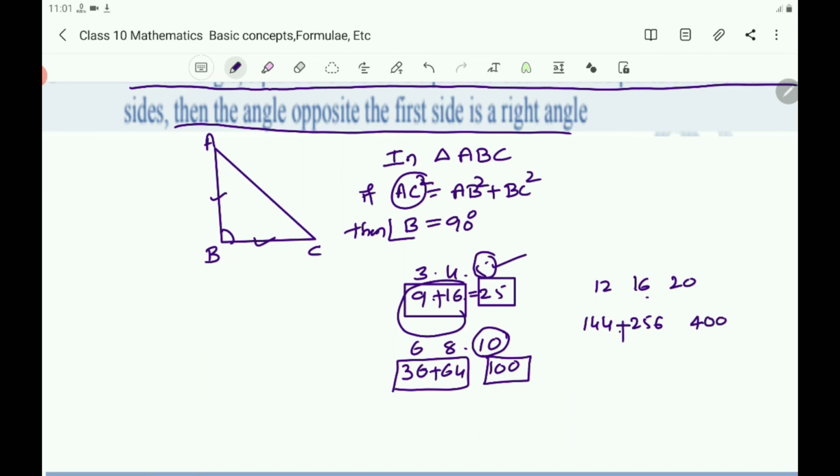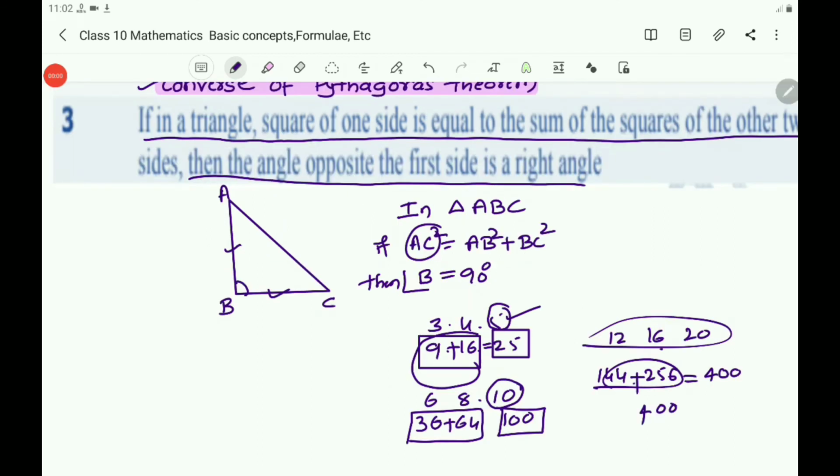Add these two: 144 plus 256, you will get 400, which is equal to this one. Similarly, these are also the sides of a right angle triangle. So they are Pythagorean triplets.